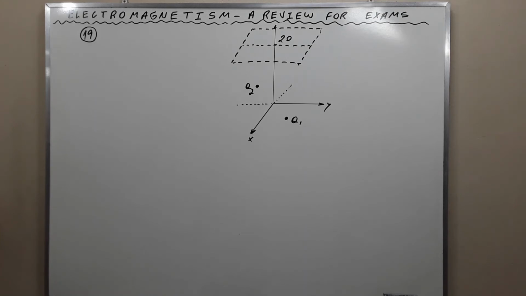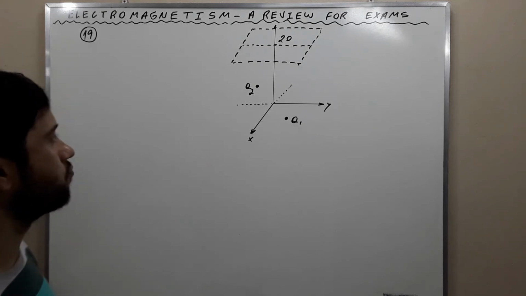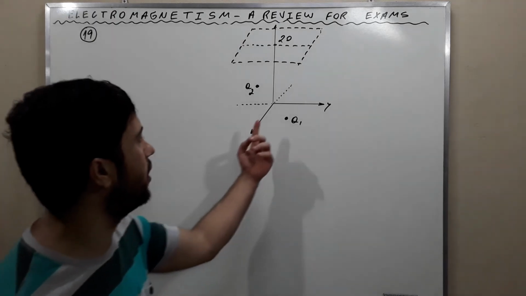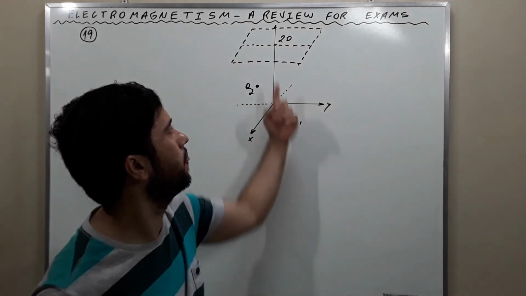Calculate the total electric flux passing through the z equal to 20 plane. Okay? This is what the exercise wants us to calculate, the total electric flux that passes here.